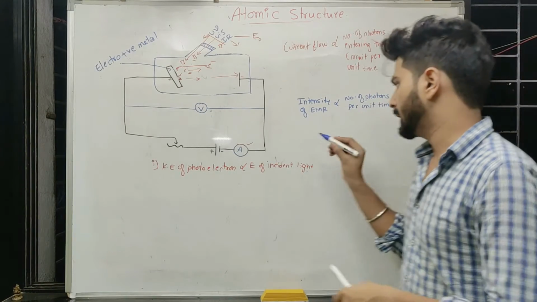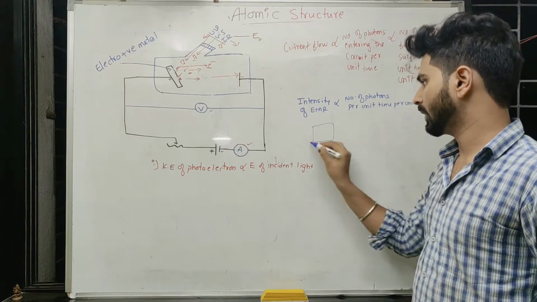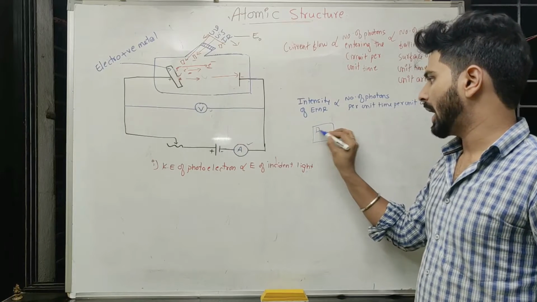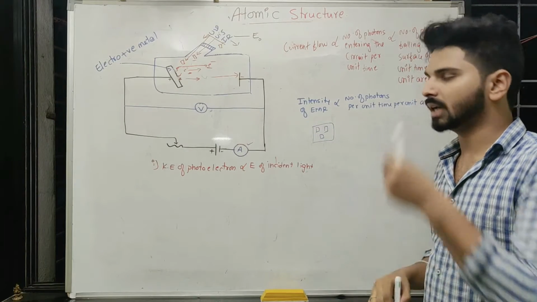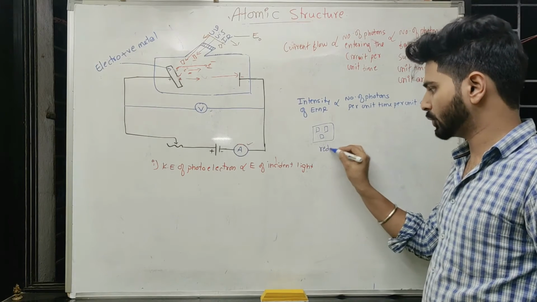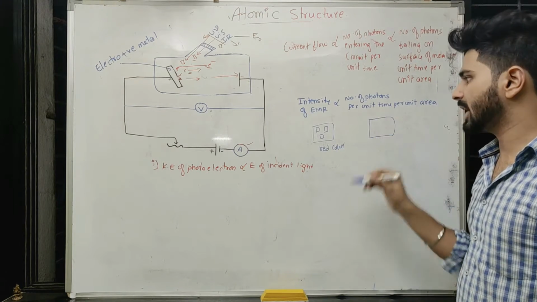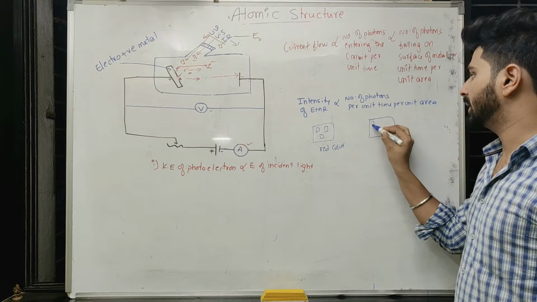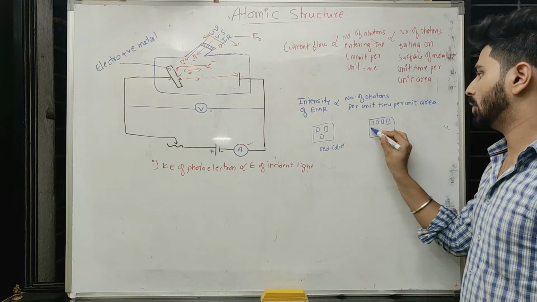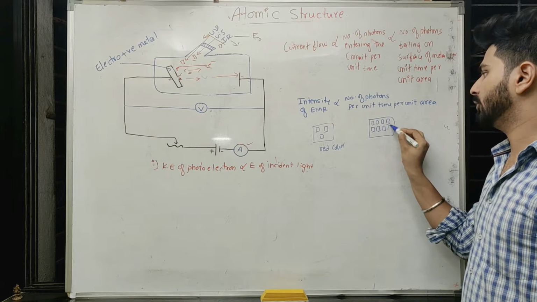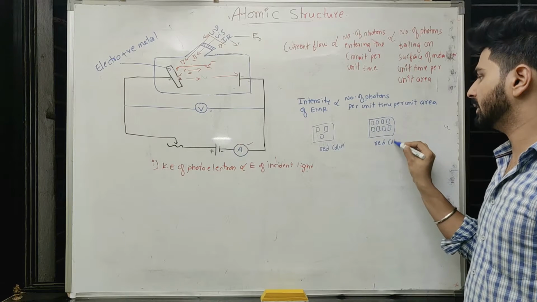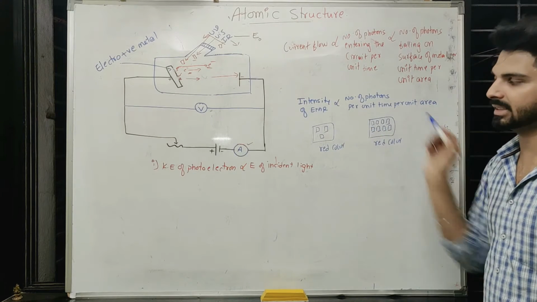For example, if I say this much area, and let us say 3 photons of red color existing, and in one more situation, the same unit area, but there are many photons of red color existing, then definitely what is changing here is the intensity.